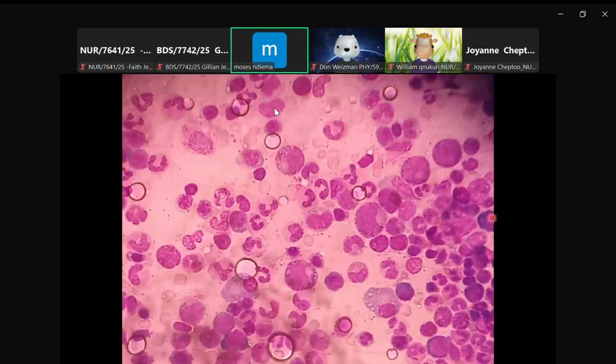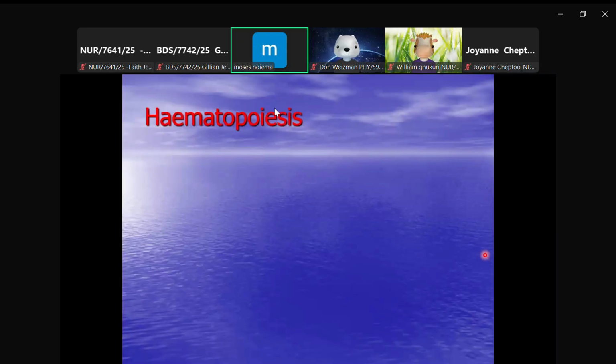So we'll be looking at the platelet to look at their structure. The thrombocytes produce pseudopodia, and like I've said, they project into the sinusoids and pinch off to form platelets.